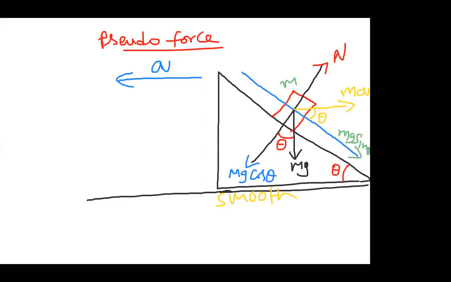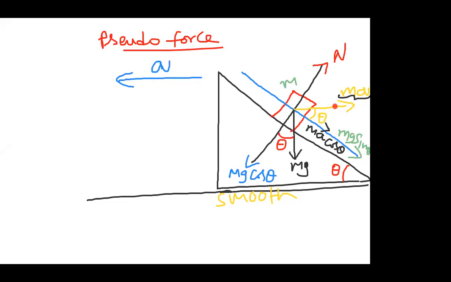Now we have to resolve the mass into acceleration, the pseudo force, into components. If you want to resolve the pseudo force MA into components, MA cos theta. Remember always, where the angle is made, I want to resolve MA into rectangular components, in this direction and in this direction.